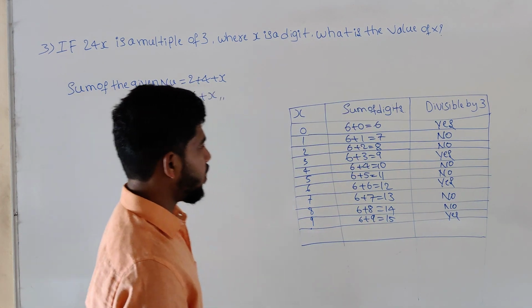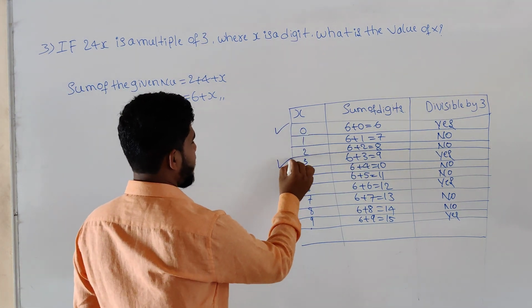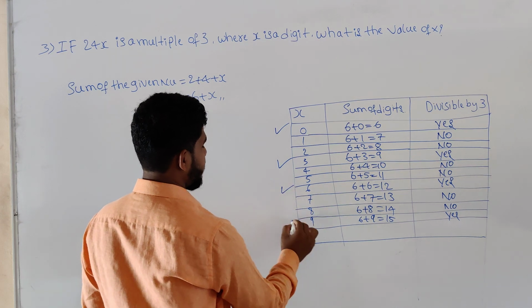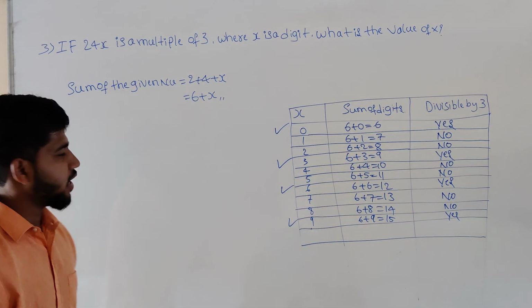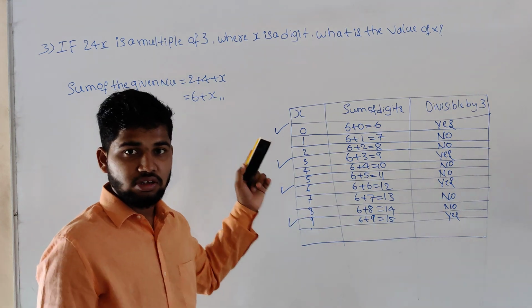Here, 0, 3, 6 and 9. In the place of x, if you are putting 0, 3, 6 and 9, the number is divisible by 3.